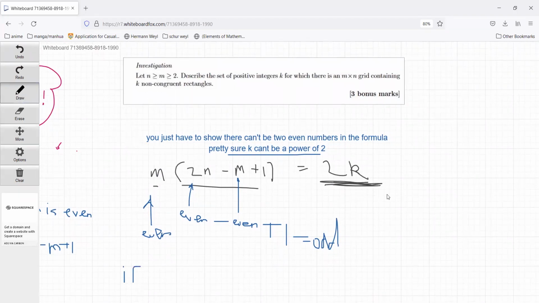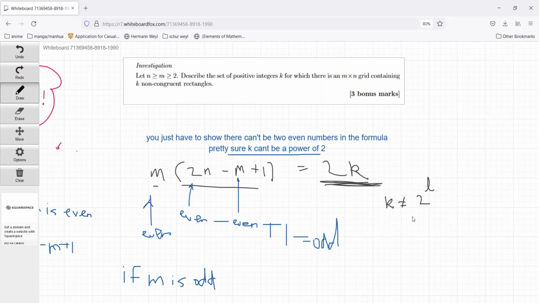Okay, so we know for sure that basically k can't be a power of 2. So k is not equal to 2 to the L. But does it work for every other k?